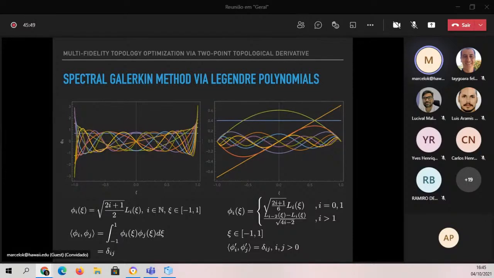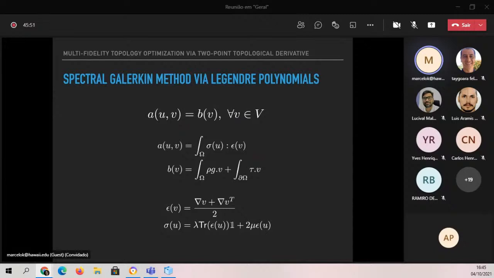And Legendre polynomials are great because they are orthogonal, right? With respect to the weight 1. And so I can apply this directly to the equations of the weak form of the Galerkin method. And so that's what you have there, the bilinear form. This is the standard finite element method.